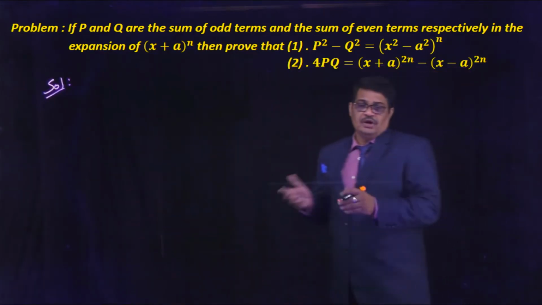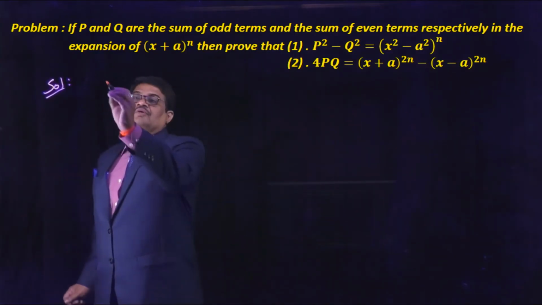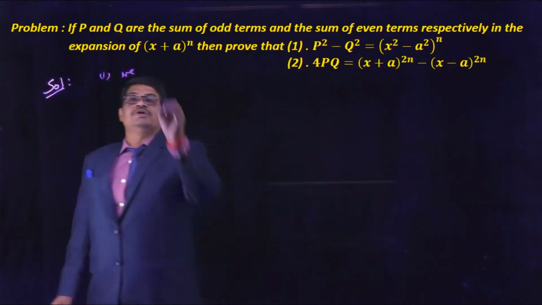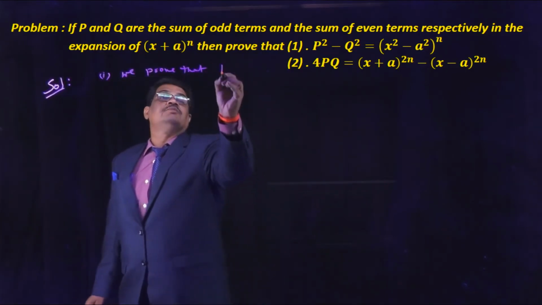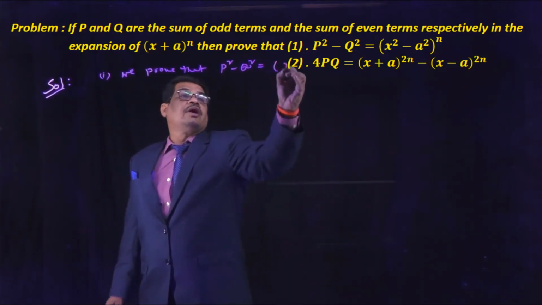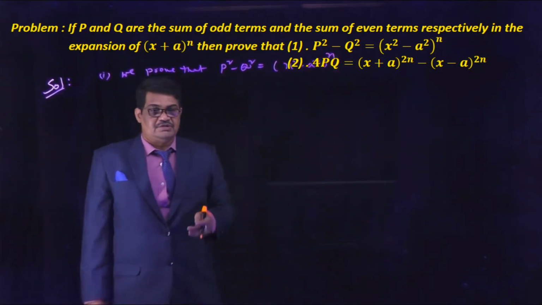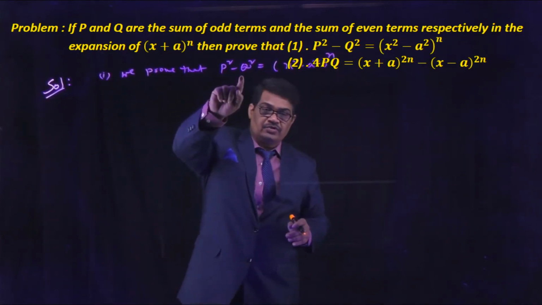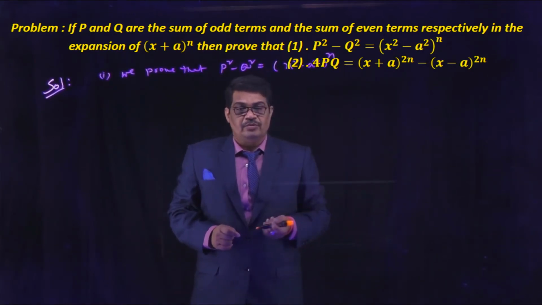First we prove that P square minus Q square is equal to (x square minus a square) whole to the power of n. That is the first result.